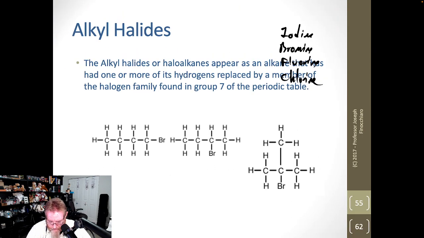So, look at me go. Step 1, what's the largest chain? 3. What's the word for 3? Prop. Do I have any double or triple bonds? Single bonds. I'm dealing with propane. What do I have?